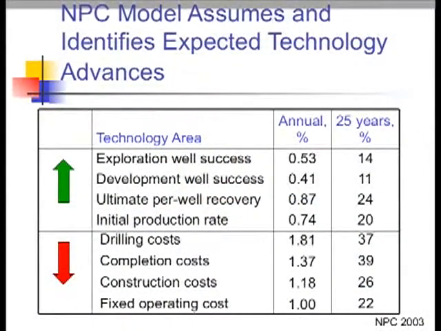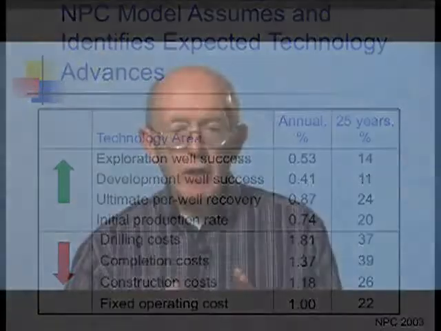The technologies below the line are probably what most of us think about first. These are reductions in costs of operations as opposed to simply improved ways of doing things, although these reductions in costs clearly do represent improvements in these technologies too. For example, drilling costs are expected on average to continue to decrease over this forecast period.